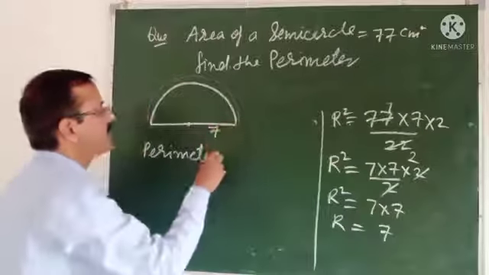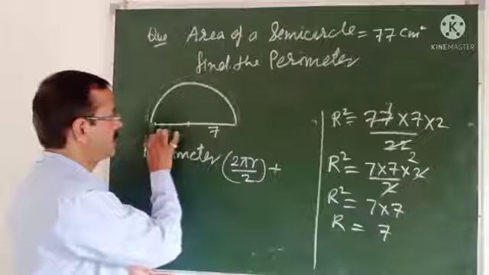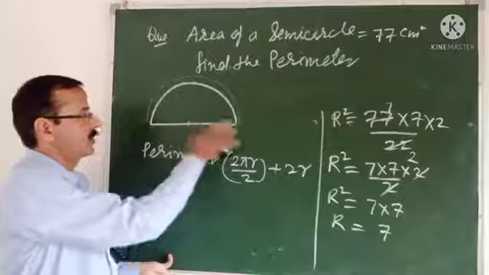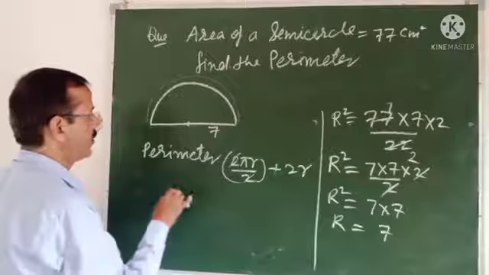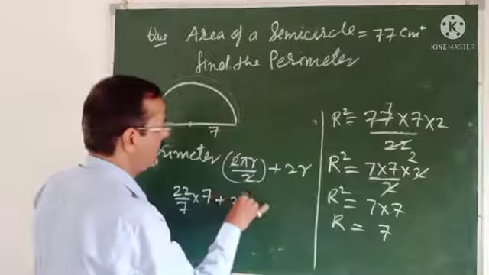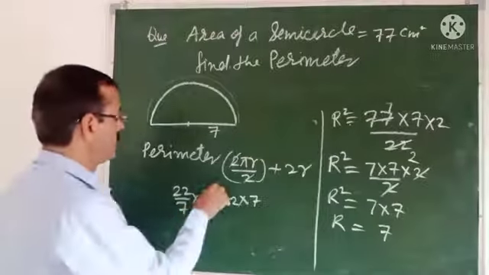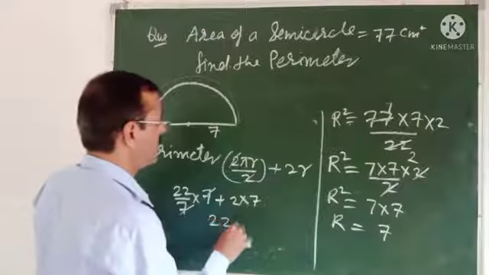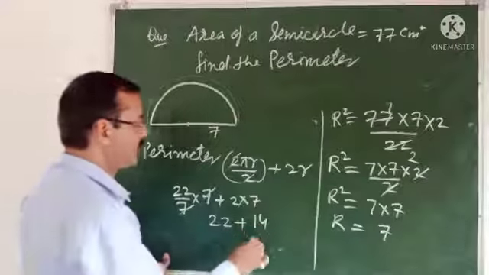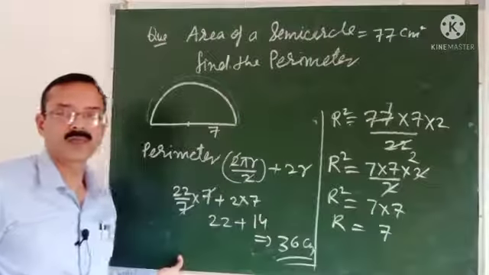So it will be 2 pi r upon 2 plus this total boundary, which will be 2r, from here to here 2r. So 2 cancel, pi value 22 upon 7 into r value 7, plus 2 into 7. This 7 cancel, 22 plus 2 sevens 14, 22 plus 14 will be equal to 36 centimeter. This is the answer.